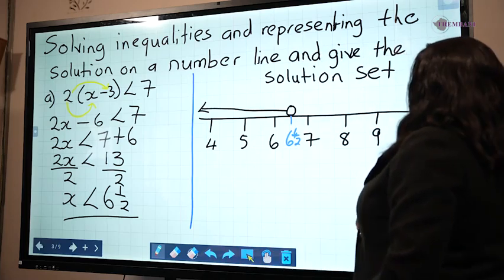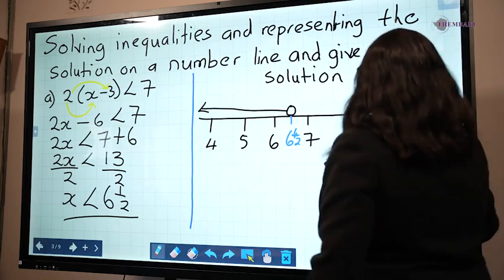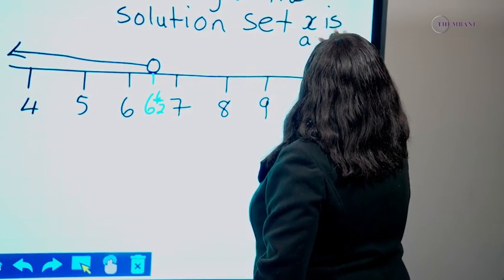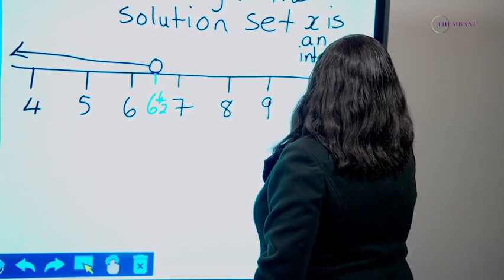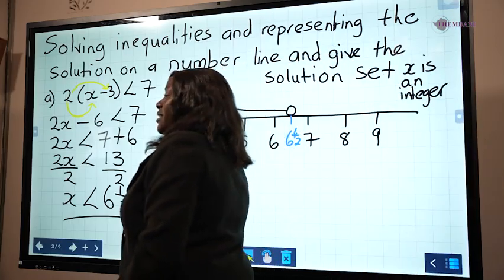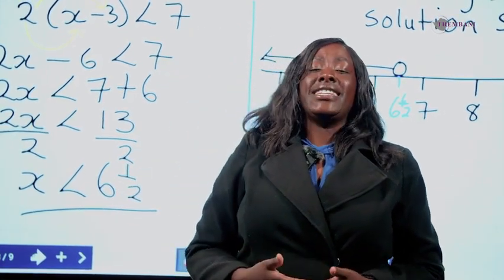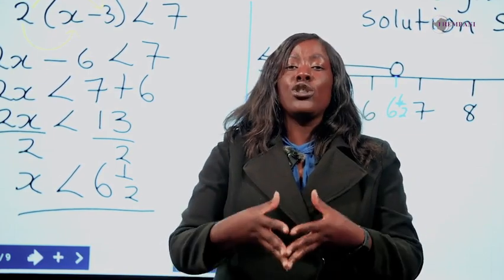I want us to have the solution set of x, assuming x is an integer. Maybe the question that you may have is, what is an integer? An integer is a positive or a negative whole number, including 0.